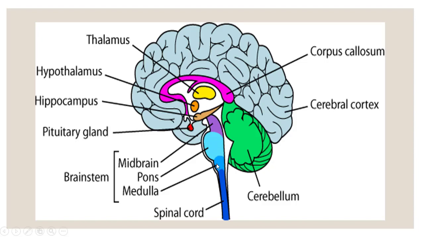Now we will talk about the last part of the brain, which is called the hindbrain, which is divided into three parts: cerebellum, pons varolii, and the medulla oblongata, which extends to form the spinal cord.